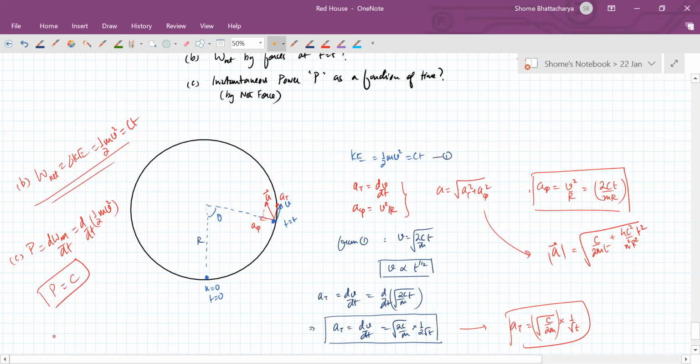Or you can also understand this way that power is equal to F dot V. So that will become actually tangential component of force into velocity. So that will become mass into tangential acceleration into magnitude of velocity. So tangential acceleration into magnitude of velocity you can see over here when you see the product of these two.